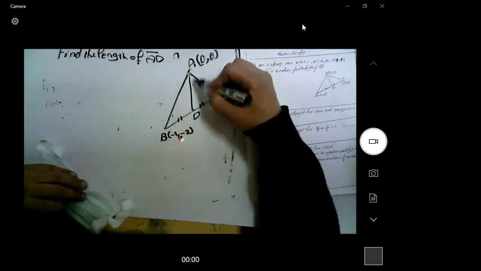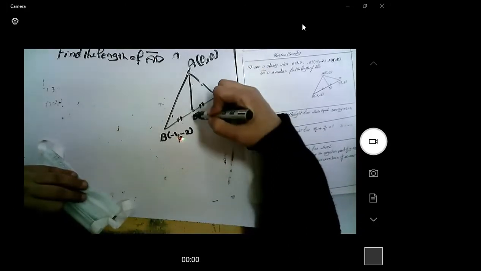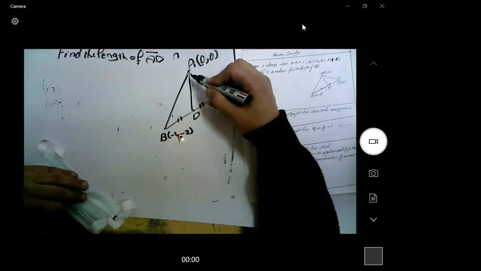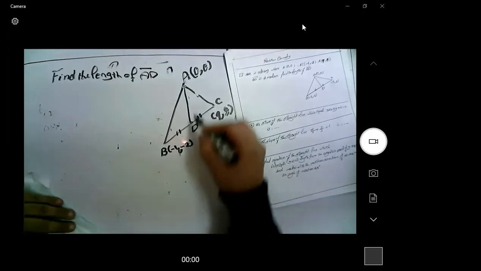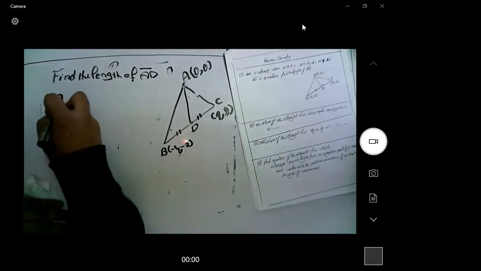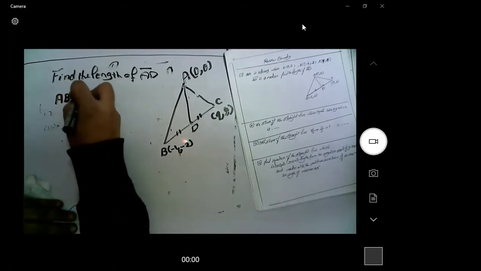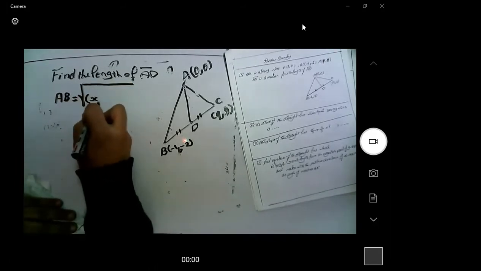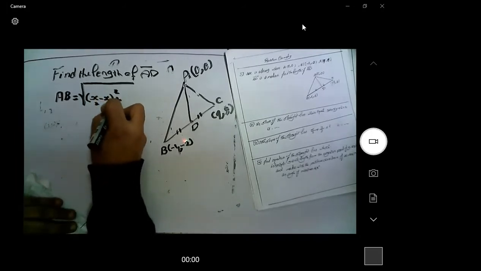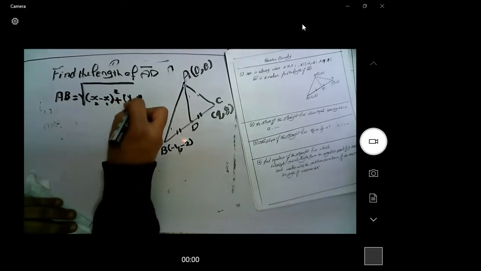To get the length of AD, we need the point A and the point D. To apply the rule of the distance between 2 points, you will use the rule: the distance between 2 points equals the square root of (x2 minus x1) all to the power 2 plus (y2 minus y1) all to the power 2.